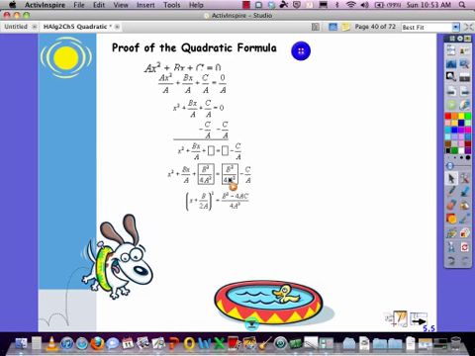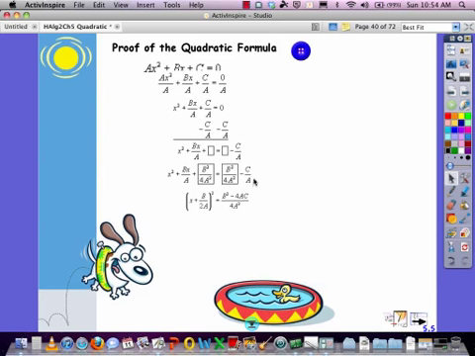From there, if that left-hand side is a perfect square, you should be able to write it as a perfect square binomial by taking the square root of that number you added on both sides. Now, this right-hand side is a little more complicated, in that you have a fraction with a denominator of 4a squared, and a fraction that only has a. So the common denominator would have to be 4a squared.